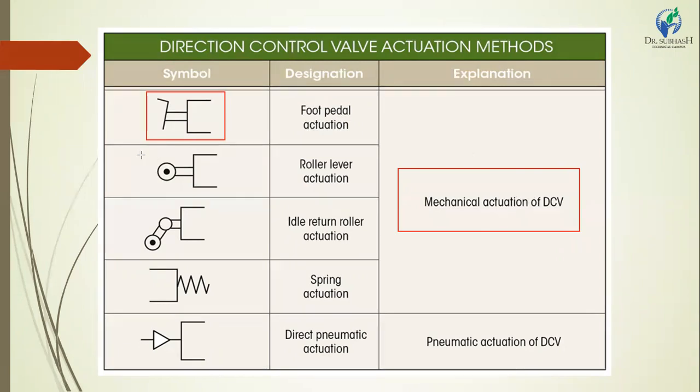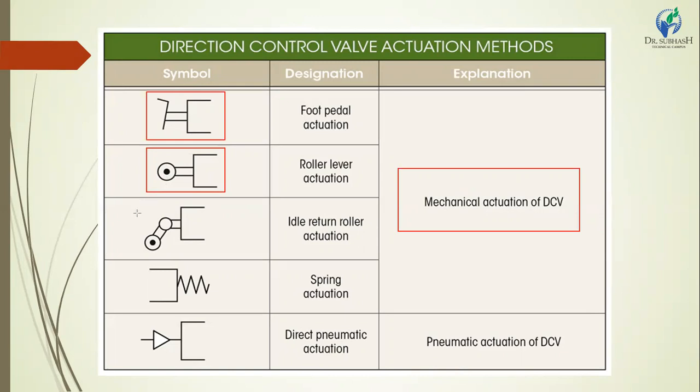Secondly, roller lever actuation. We provide another component which gives force on the roller, and the actuation activates the DCV. It can change its position from 1 to 2, 2 to 3, 2 to 1, or 3 to 2.